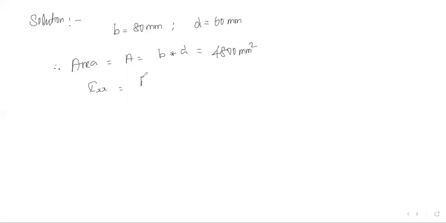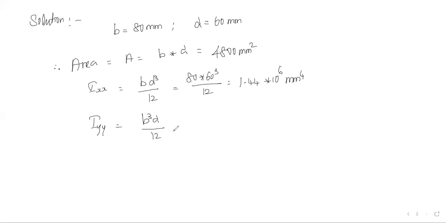Next, Ixx and Iyy value. So Ixx is equal to BD cube by 12. So B value is 80 into 60 cube divided by 12. It becomes 1.44 into 10 to the power 6 mm power 4. Similarly, Iyy is B cube D by 12.